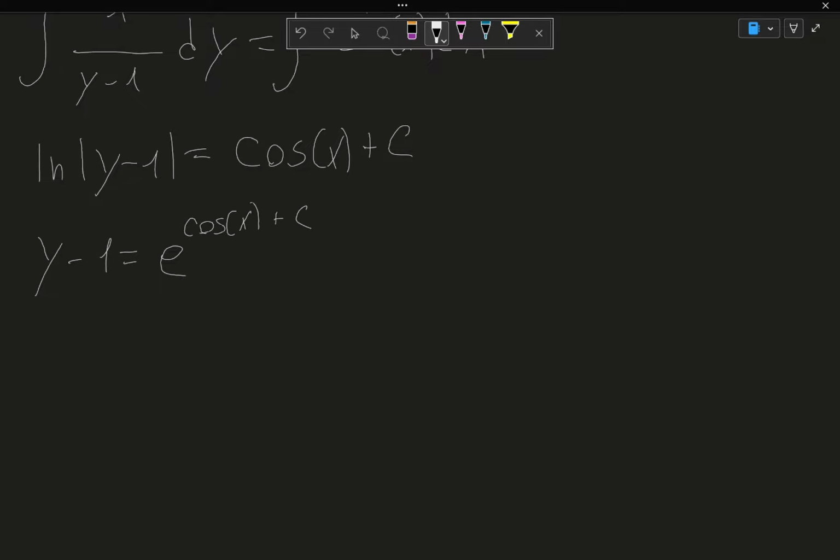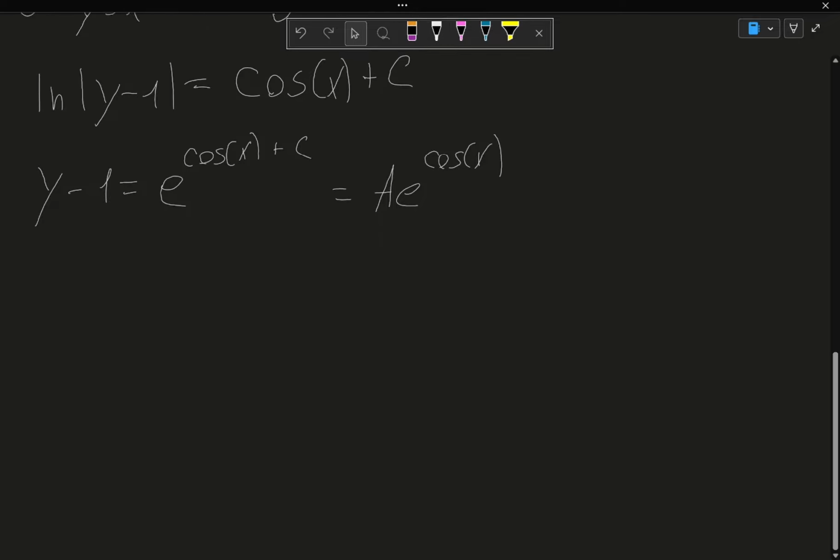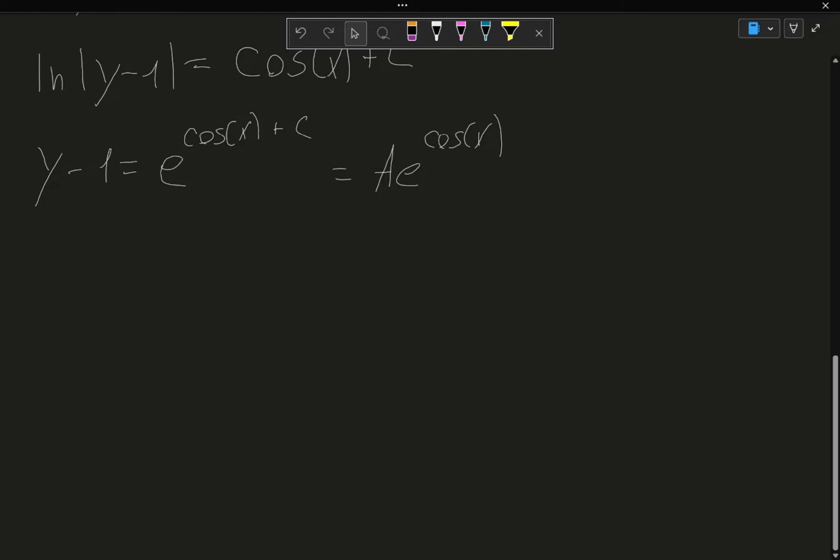Note that we can rewrite this plus c again as a e to the cosine of x, because this plus c is the same as if we multiplied e to the power of cosine x times e to the power of c, which is just a constant by itself. So this implies that our y of x is equal to 1 plus a e to the cosine of x.